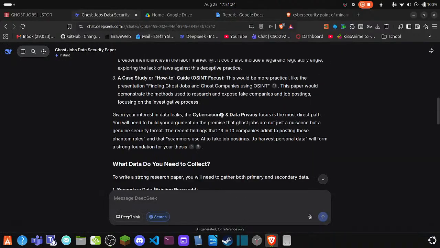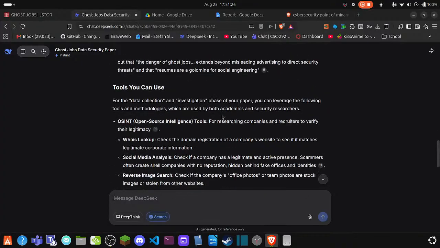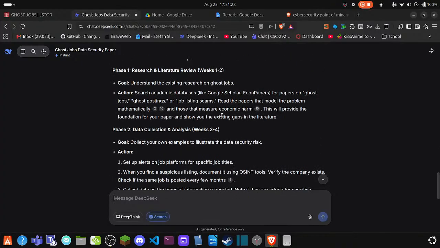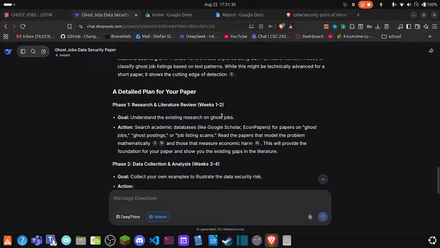I just asked ChatGPT to give me a roadmap. Read the papers that model the problem mathematically and those that measure economic harm.